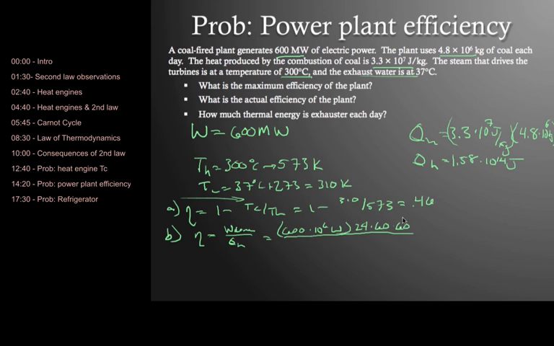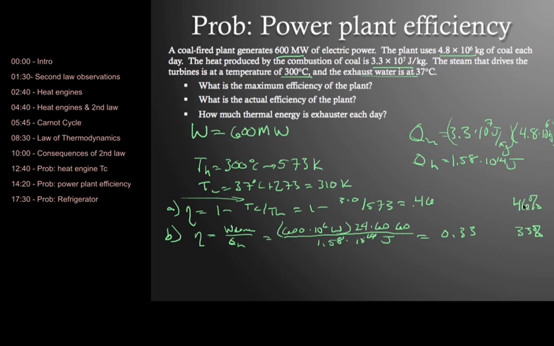All of this is divided by our QH, which is 1.58 times 10 to the 14 joules. And all this gives you about 0.33. So about 33% efficiency actual, whereas our Carnot efficiency was about 0.46.